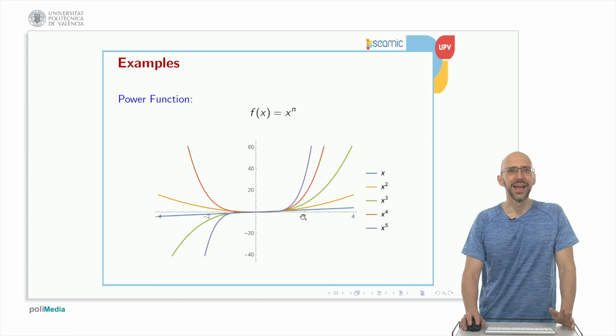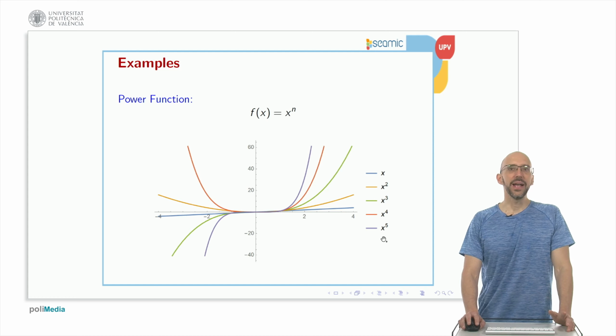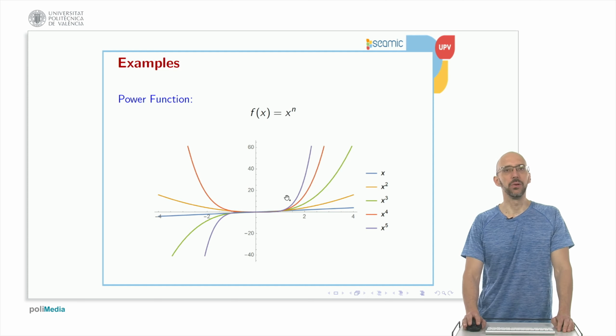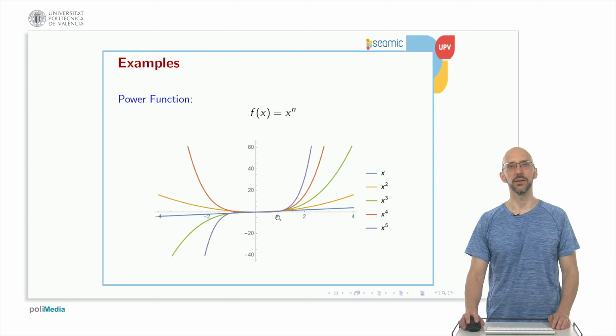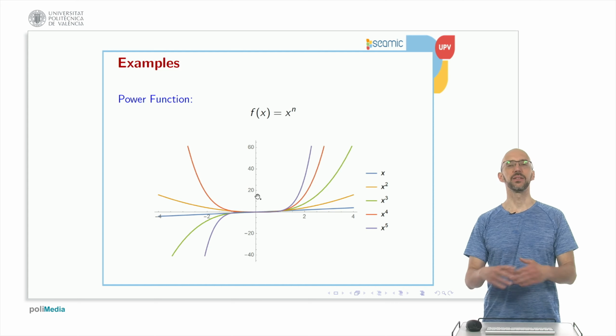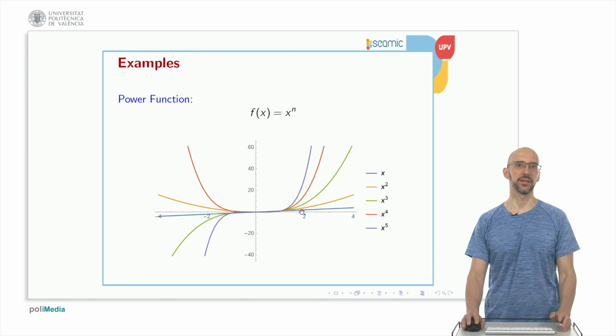Okay, be careful because I just added x cubed, and one of the most important things you must take care of when looking at this picture is that the x-axis and the y-axis are not at the same scale. I mean, look at this. On the x-axis, 2 is here, and on the y-axis it starts at 0, and this is 20. Okay, it's not plotted 1 to 1. It's just proportional in this case.